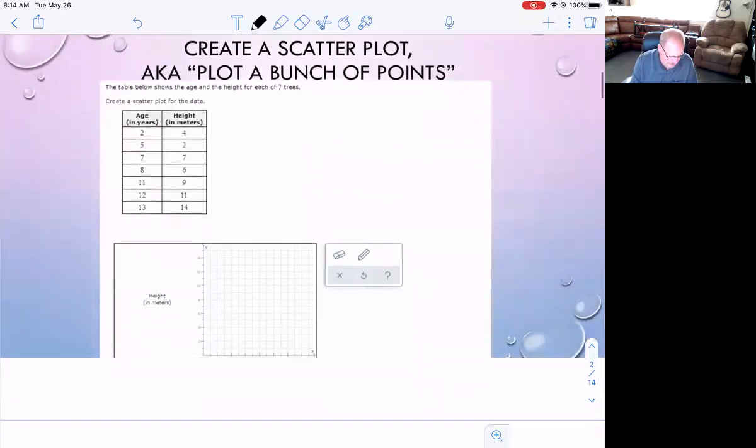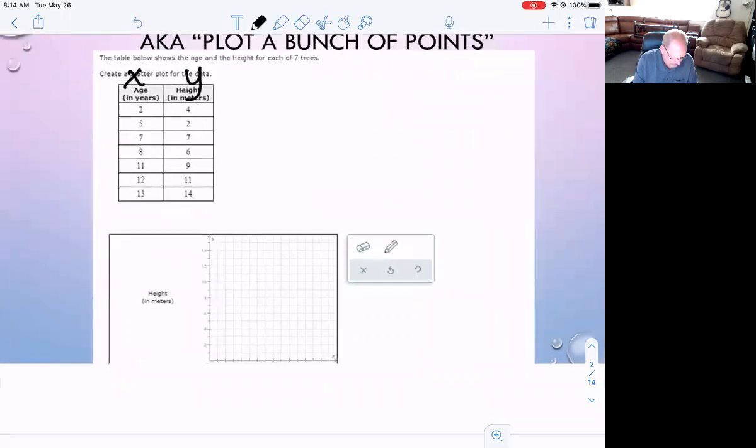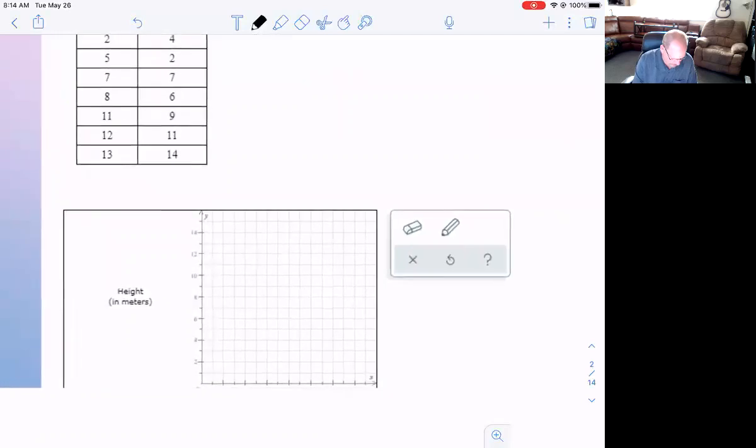Scatter plots, just a quick review for you. To create a scatter plot, just remember you have a table here, X and Y values in it. And what we're going to do is plot those values on the graph.